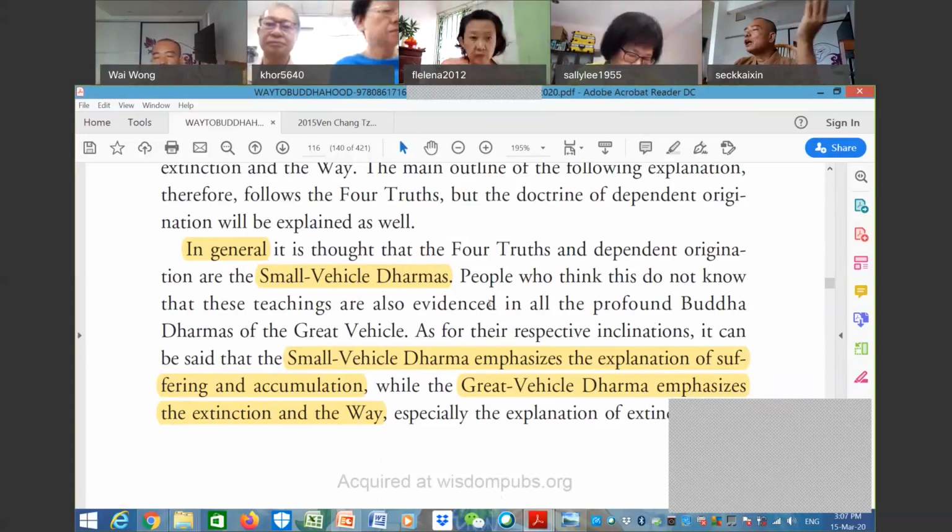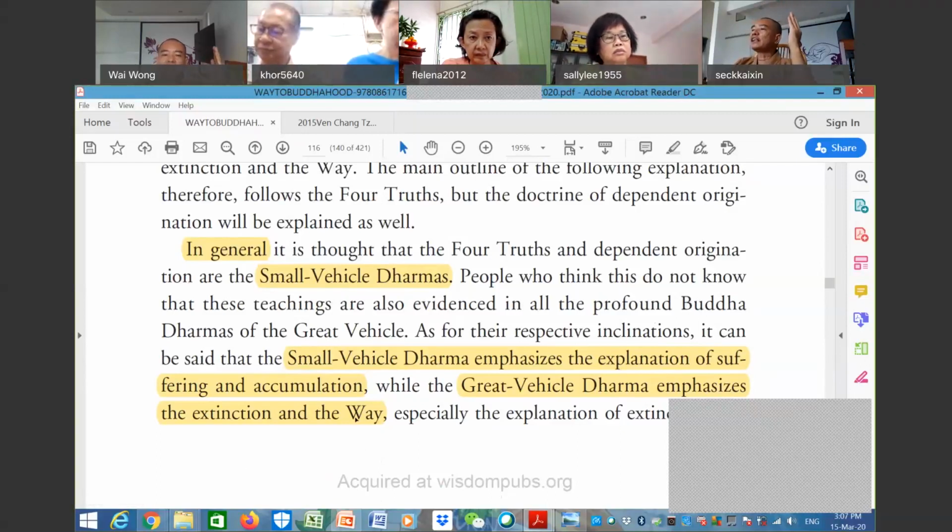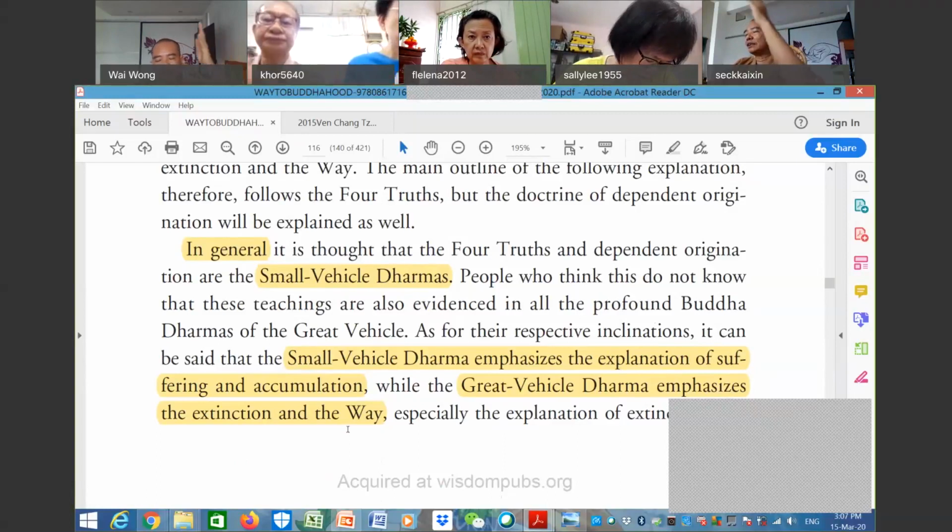I think this is true. Once you go to a Theravadin country, they talk a lot about the five aggregates, which is suffering and accumulation. But if you go to the Mahayana schools, you will notice that they talk about nibbana, the state in nibbana, and maybe the ways to attain it.